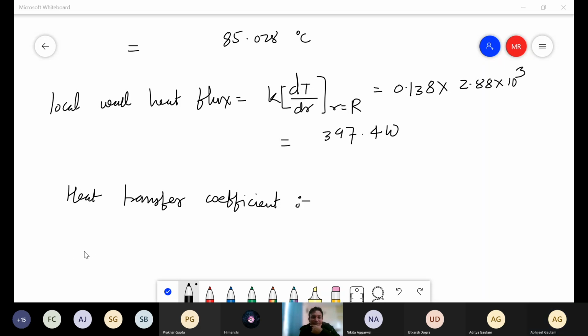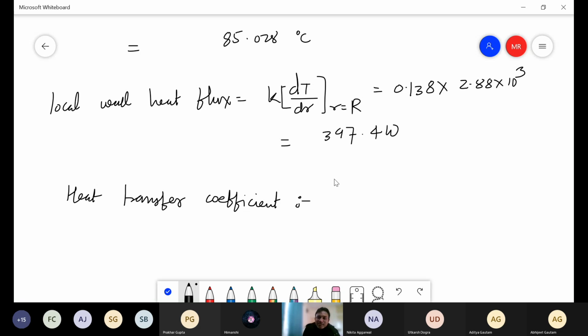Sir, bulk. Bulk temperature or a central temperature? How many of you are saying? Anyone? So we have to take a bulk temperature, and this cup mixing temperature is nothing but the bulk temperature itself.